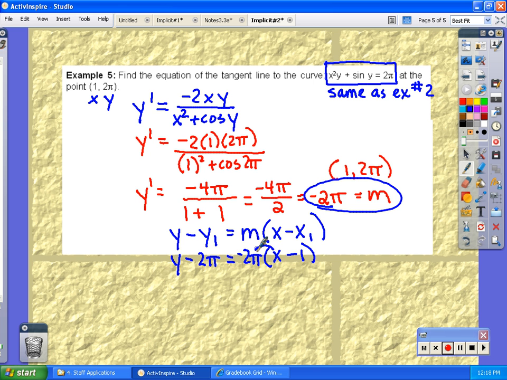Using the distributive property, you get -2 pi x plus a positive 2 pi, and then we want to add this 2 pi to both sides. So the final answer is y is equal to -2 pi x plus 4 pi.